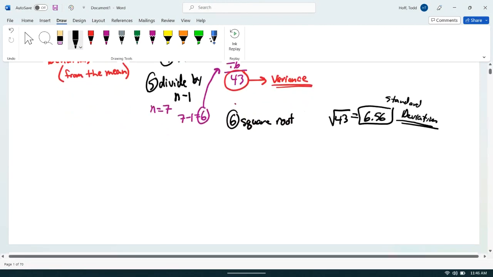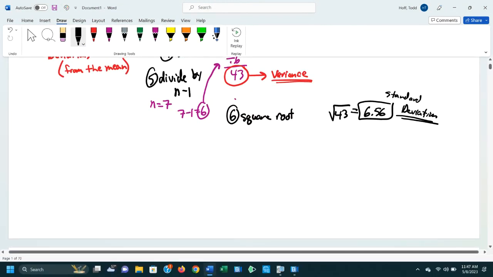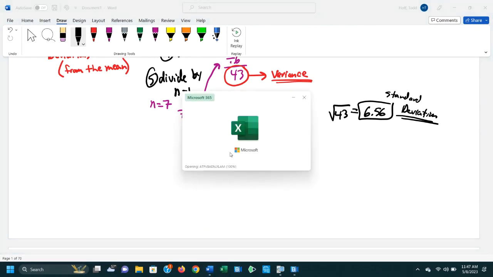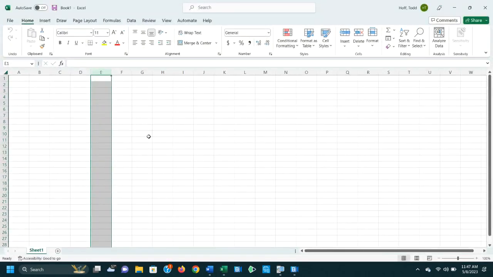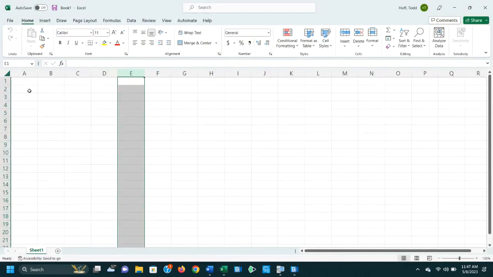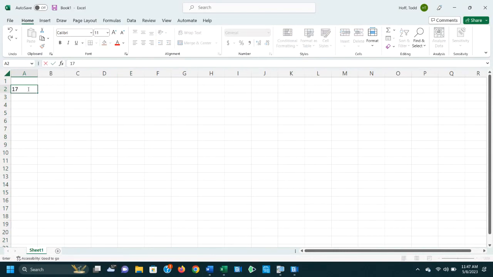If we did this for the second data set, and we're going to do this, but I'm going to do it in accelerated mode here. I'm going to go into Excel, so it'll do all the calculations for me. So here are my numbers. 17, 18, 19, 25, 32, 34, and 37.